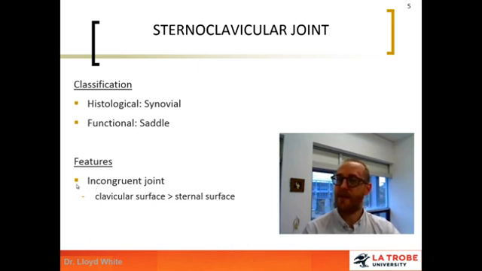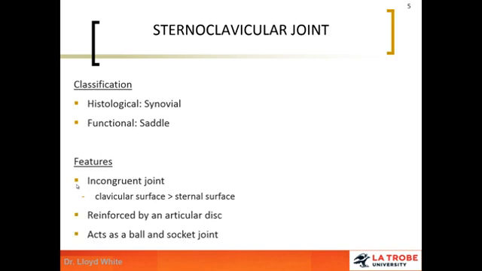This means that it will be a relatively unstable joint, which is why we have these really strong ligaments around it to reinforce that joint capsule. As I've mentioned, the sternoclavicular joint is reinforced by that articular disc, which is helping to increase the range of motion, but also to improve the stability of the joint due to its incongruence. So in effect, the sternoclavicular joint, as it's working across all three planes, can be considered as a modified ball and socket joint.